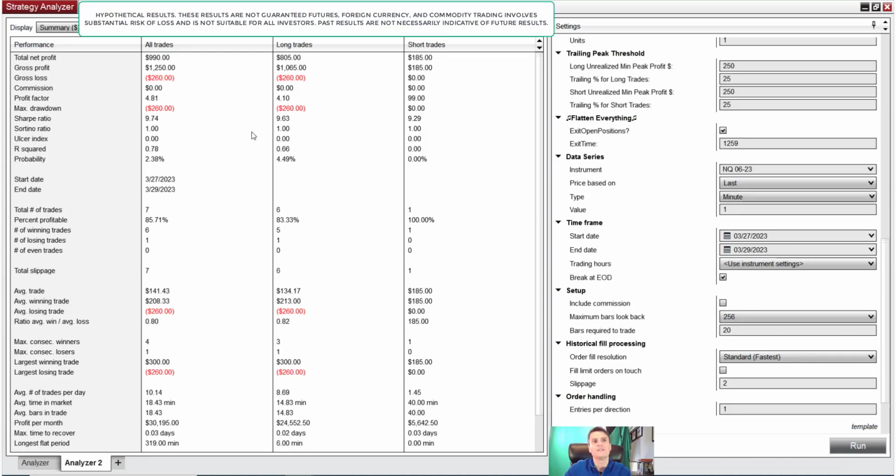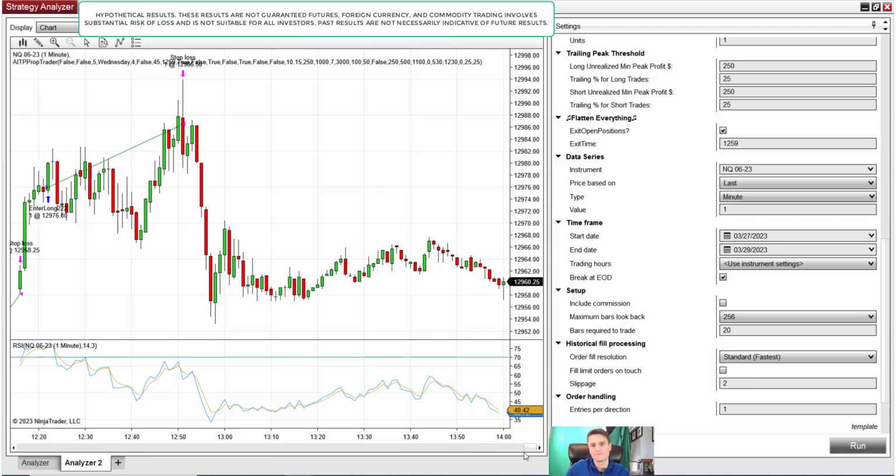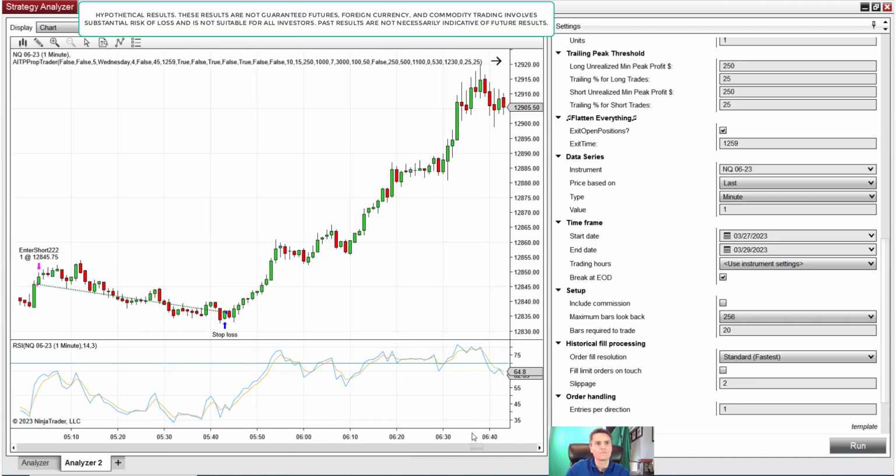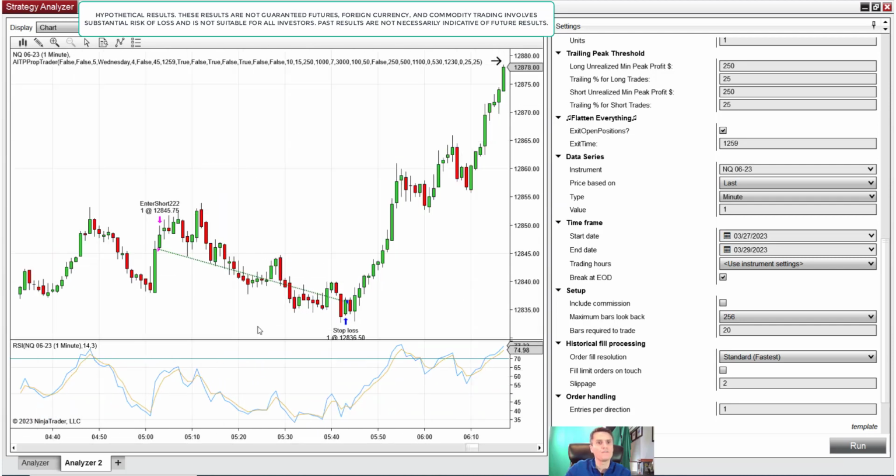All right. These are the results. So it maxed out at the 7 trades. Let's see what happened. Okay. So on the first trade, it entered right there. Remember, it said between 5 and 6 o'clock it's going to be down. So it looks like it went down to about 5:45, somewhere around there.